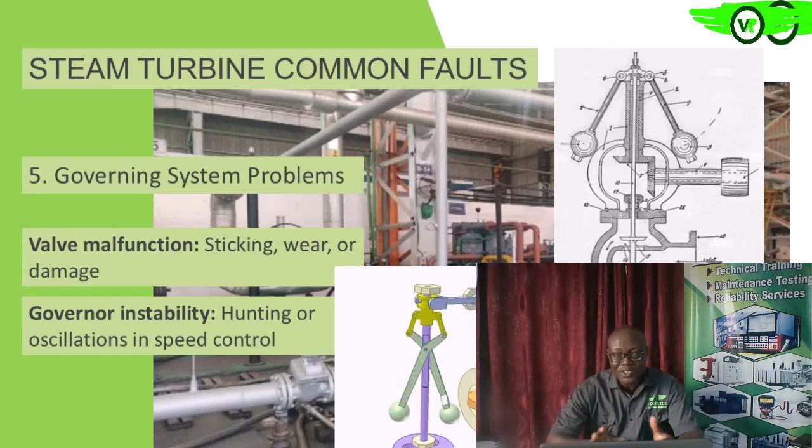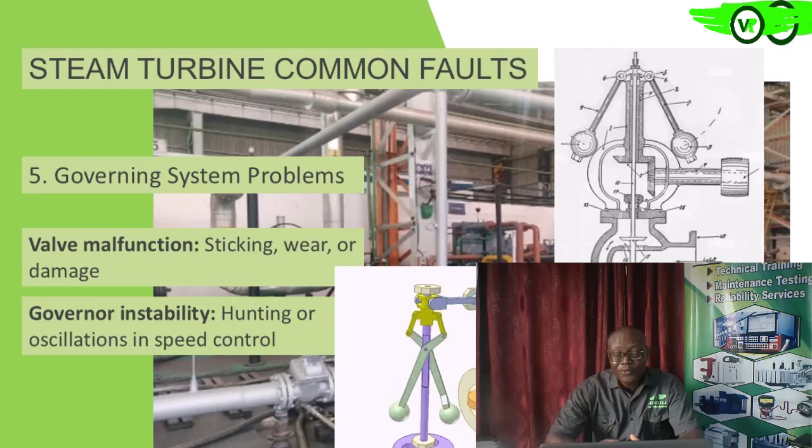Small variation in speed, you will see that the governing system will change, thereby causing hunting and what have you. So mechanical problems associated with the governing system, like on the valves that we have discussed before, all of these can result in maloperation of the governing system.